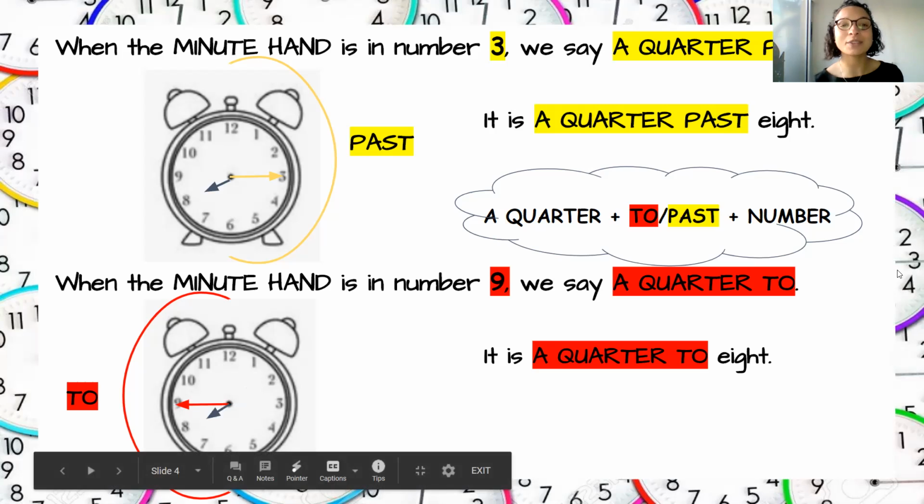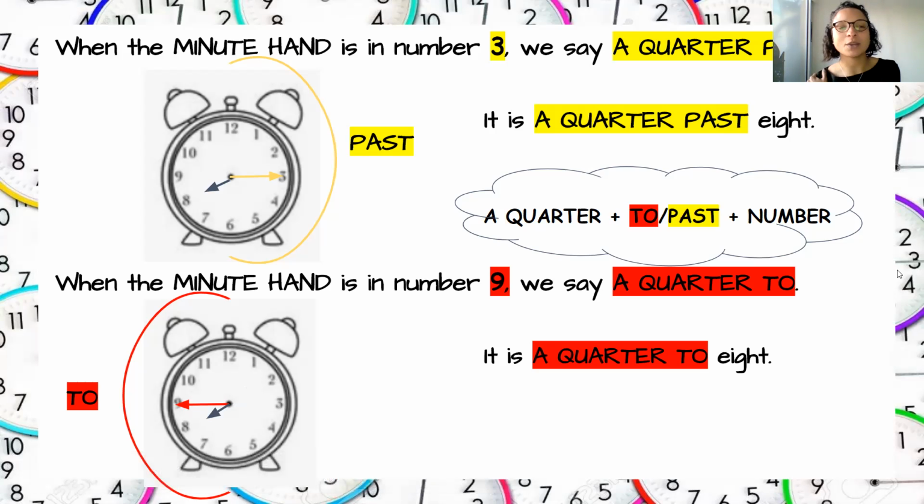Good. Let's take a look at these examples. So let's remember, when the minute hand, the long hand, is on number 3, we say a quarter past, okay? So it is a quarter past 8. We say a quarter, then we say, is it to or past? And then we say the number, okay?